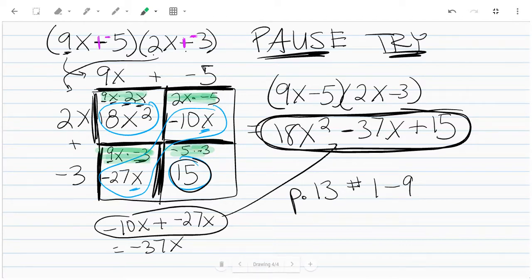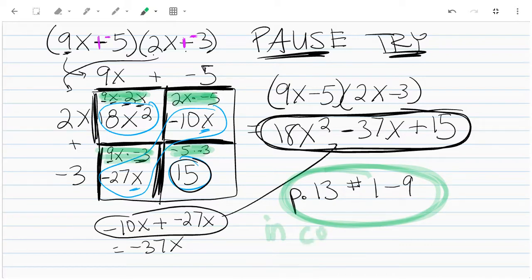They don't have to be there all the time, but I'd like to see at least the first several that you do. Put them there so you know what you're doing. Okay, so right now next we're going to work on page 13, numbers 1 through 9. I want to see the work just like how I have this in your composition book. So this is in comp book.